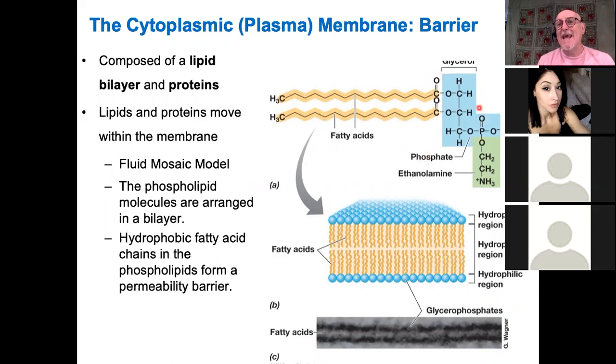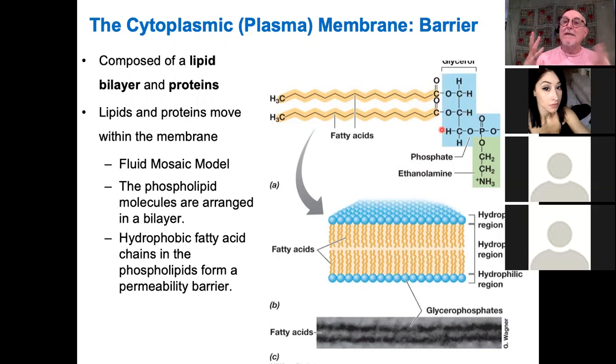But these heads here, the phosphate-rich head, is very, very hydrophilic. Where these are hydrophobic, they're repelled by water, these are hydrophilic. They dissolve in water very easily. They remain attached to these lipid parts though.